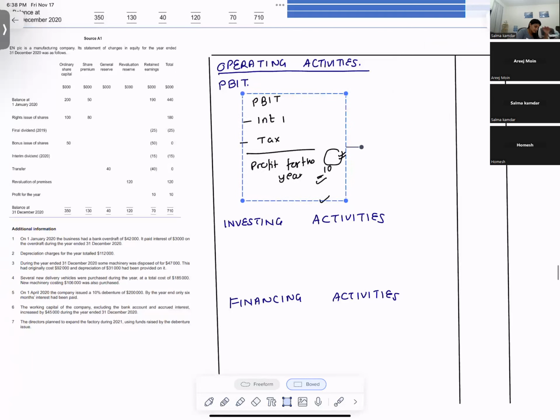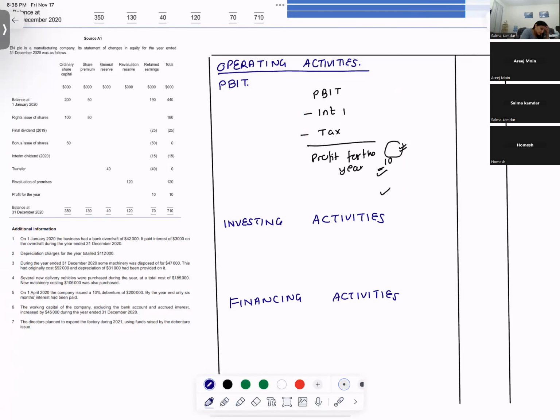We have profit at the end of the year, so we have to add interest and tax to it. The profit at the end of the year we have is 10. Are you with me?